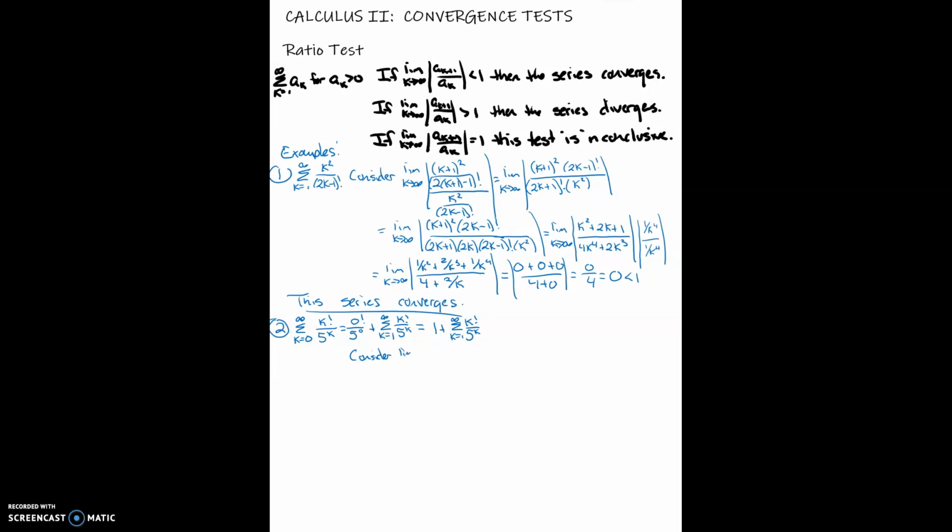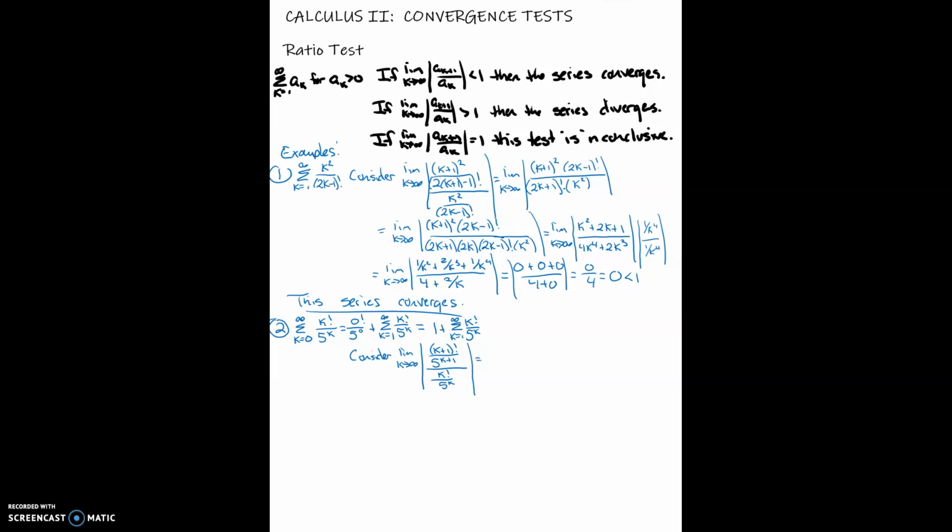the limit as k goes to infinity of the absolute value. Now again, I'm going to be looking at my a sub k terms there. I'm going to add 1 to all of those k's. So in the numerator, we have k plus 1 factorial over 5 raised to the k plus 1. In the denominator, I leave those terms as is, k factorial over 5 to the k.